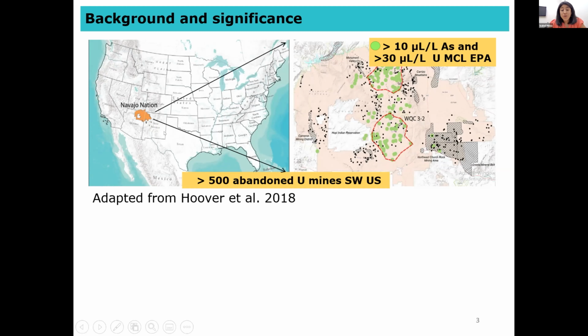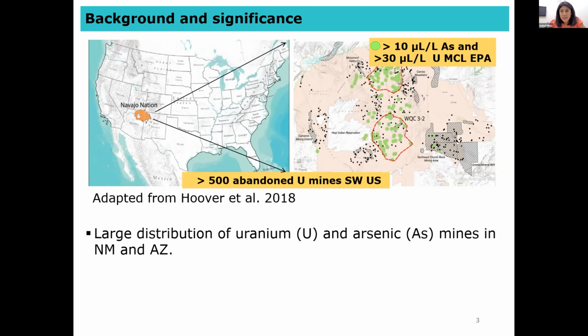And actually, in all of the southwestern US, we have more than 500 abandoned uranium mine sites. So this is the motivation why I started to work on this research.